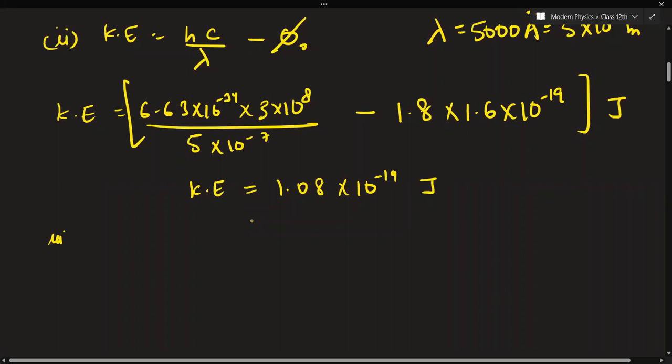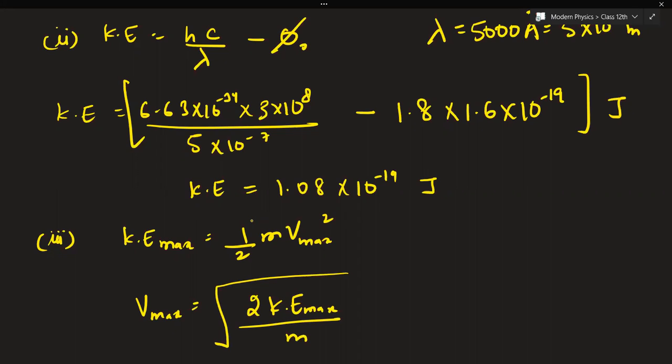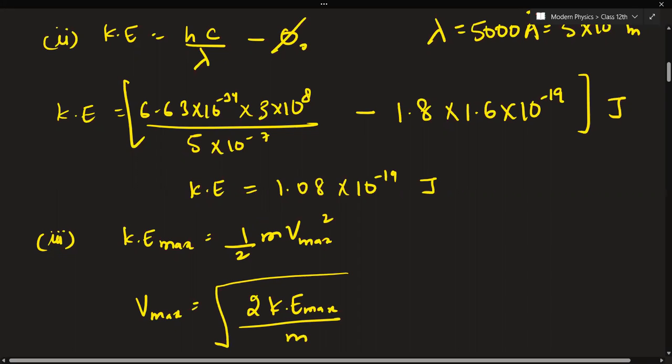See, in the third part, this is asking maximum velocity. So this is half m v max square only. So velocity maximum will be what? 2 times kinetic energy maximum divided by mass, under root. So kinetic energy maximum value will be this. And yes, mass of what?